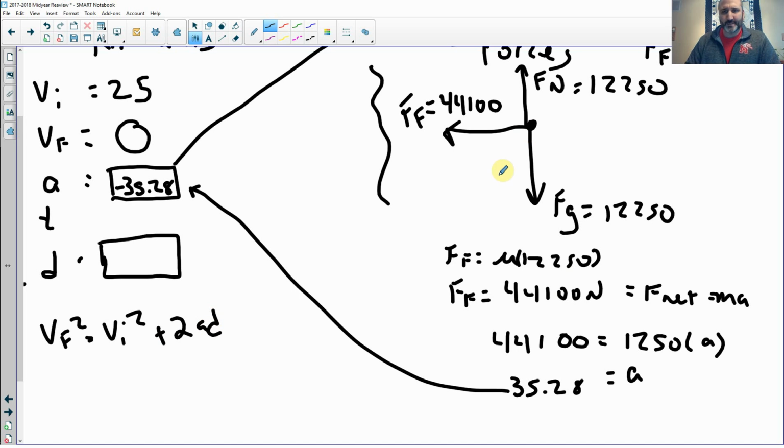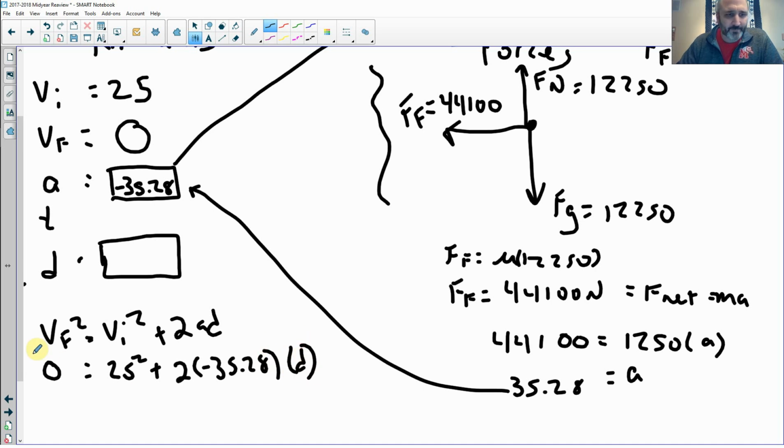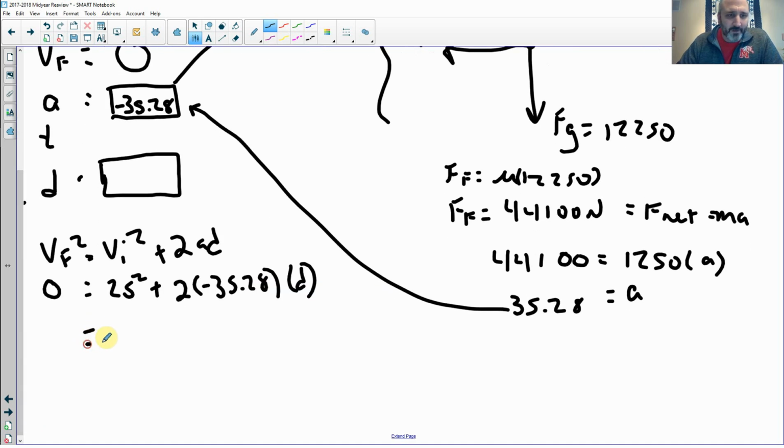I hope this makes sense before we get into this. So 0 equals 25 squared plus 2 times negative 35.28 times D. I've done this enough that 25 squared is 625 plus about negative 35.28 times 2.